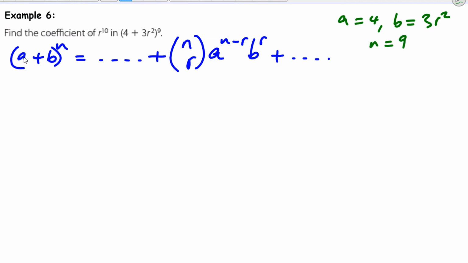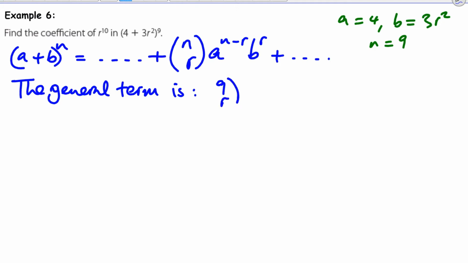Which means that the general term is 9 choose r, 4 to the power 9 minus r, and 3r squared to the power r.